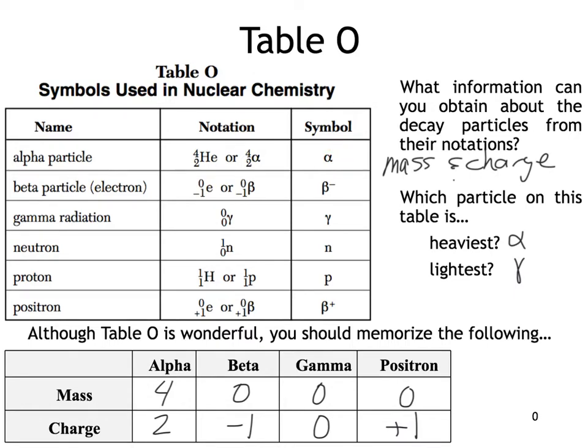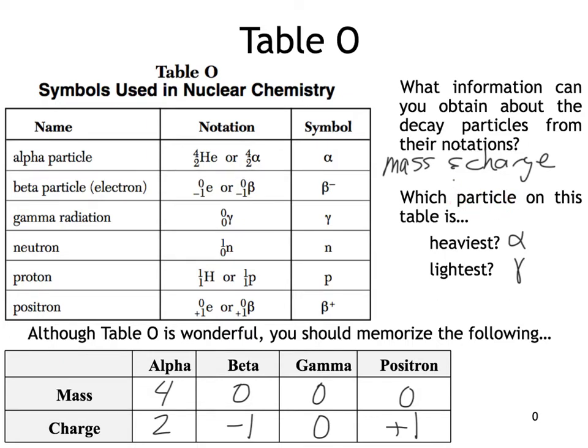And the lightest particle is going to be gamma, which looks to me like a fish swimming down a bit, or almost like a Y, but it has a bit of a loop on the bottom. And I say it's the lightest because not only does it have no mass, it has no charge. So we actually consider gammas not to be particles, which is sort of a misnomer on my part because I called it a particle in the question.